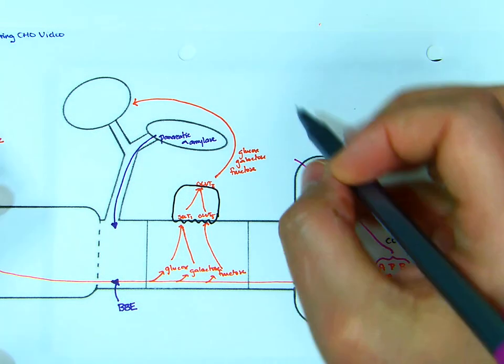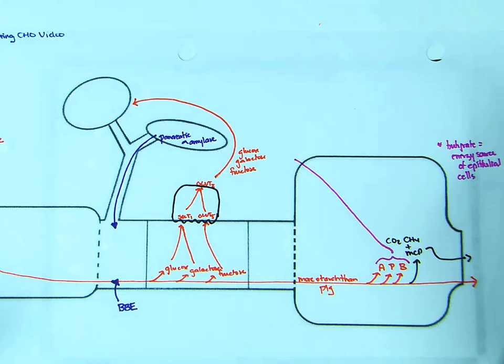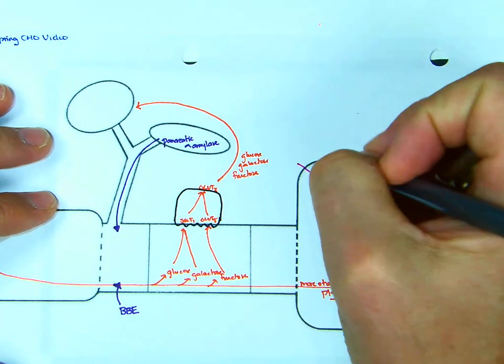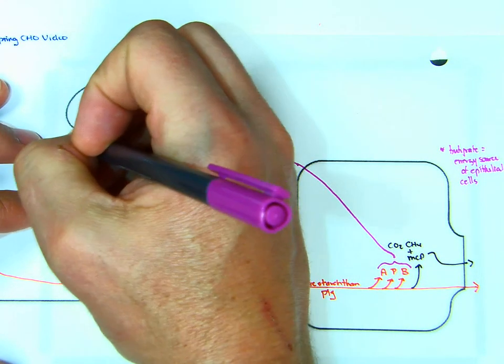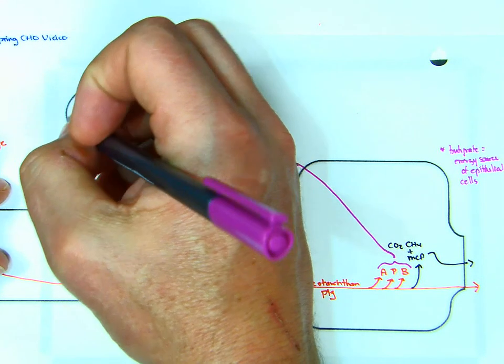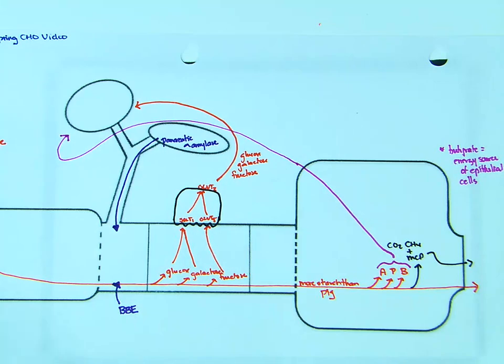And we'll leave that glucose and galactose there and talk about that in a second. Take these all the way to the liver and let them hang out for a second.